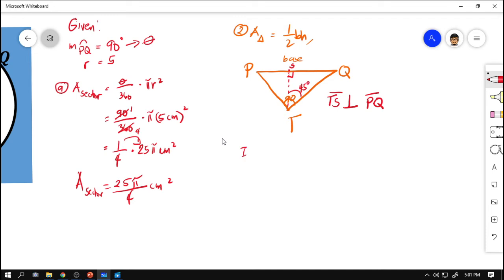Okay, isolate ulit natin. So, let's say pantay-pantay yan, okay? So, this is S, this is T, and this is Q. Now, if this is 45, mali yata yung pagkakadrawing ko. Ayusin ko lang, ha?